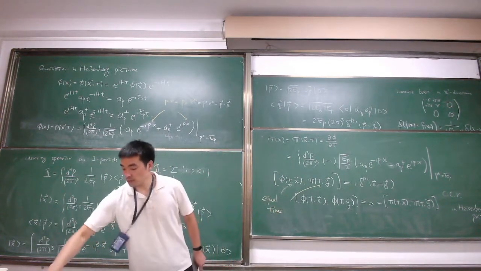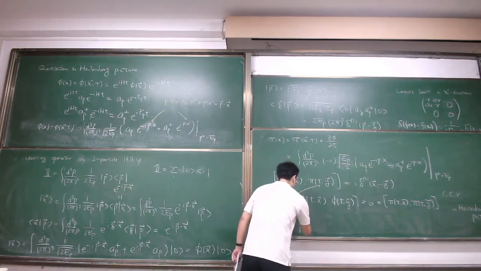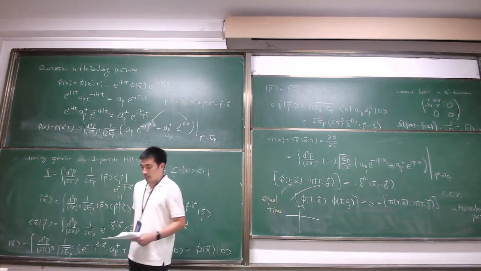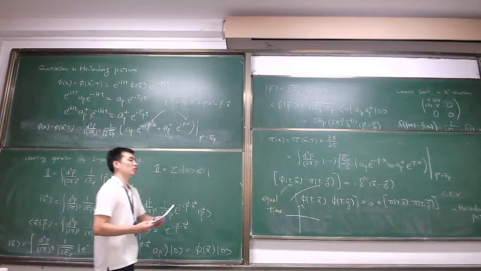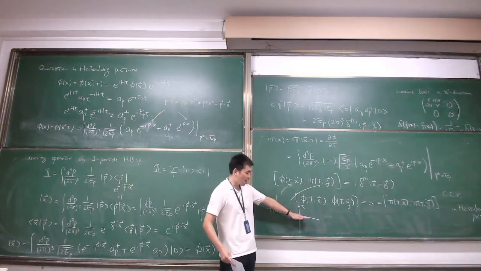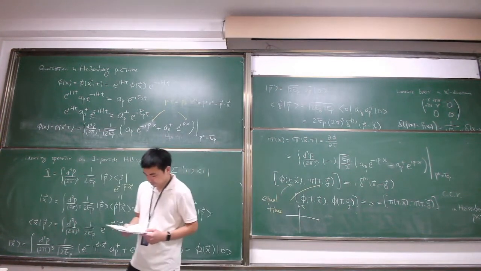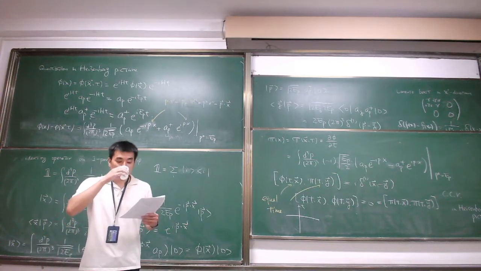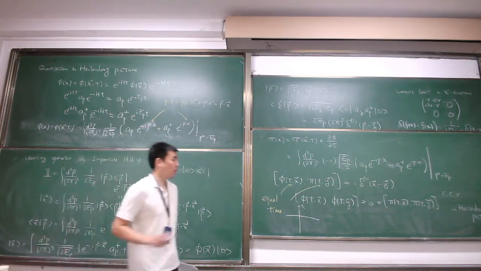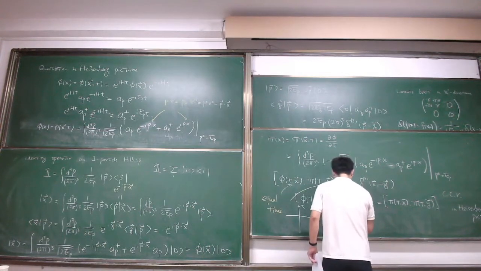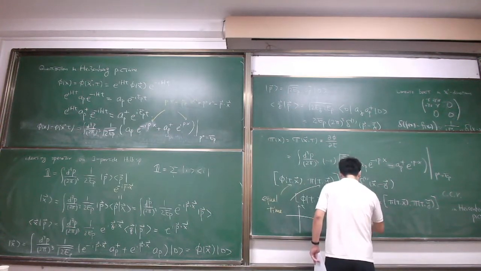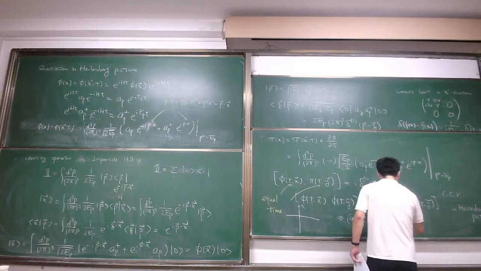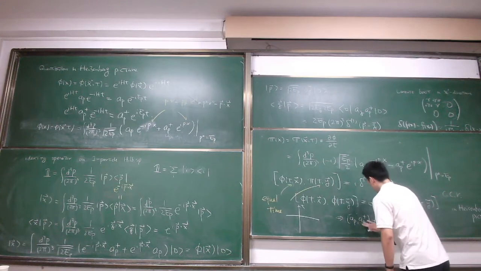In other words, you have to impose canonical quantization at each time slice t, each spatial slice at the same time. Any questions? So from here, one can derive that [a_p, a_q†] is equal to (2π)³ δ³. Sorry.